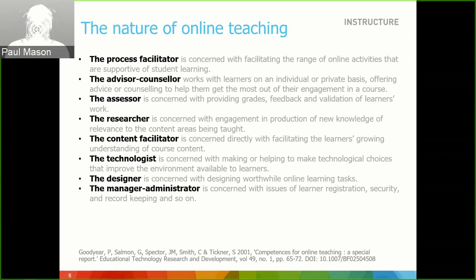And then once the course begins, the top 4 become active. So the skill sets, or competencies required by the trainer, change as the course progresses. They need, according to Goodyear, these 8 competencies, although he admits himself this is not complete and is work to be built upon.